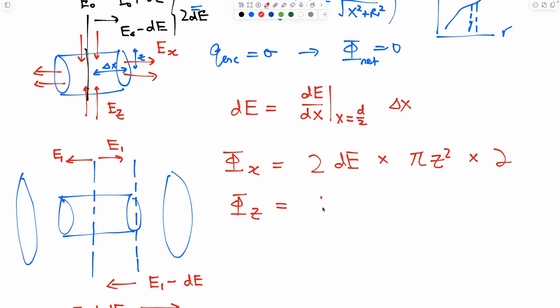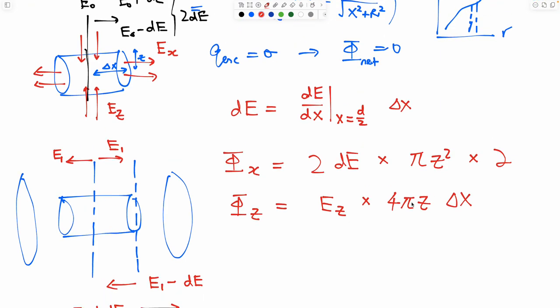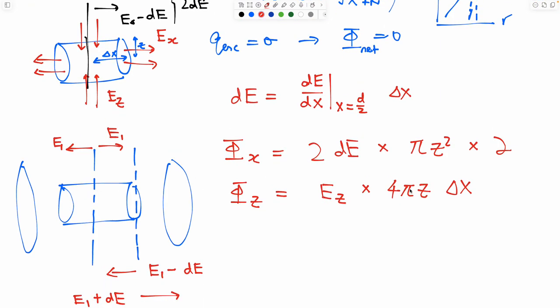The flux of z is very simply just E of z multiplied by 4 pi z delta x, sorry, because you are looking for the curved surface area. So the height is 2 delta x, and then the circumference is 2 pi z.